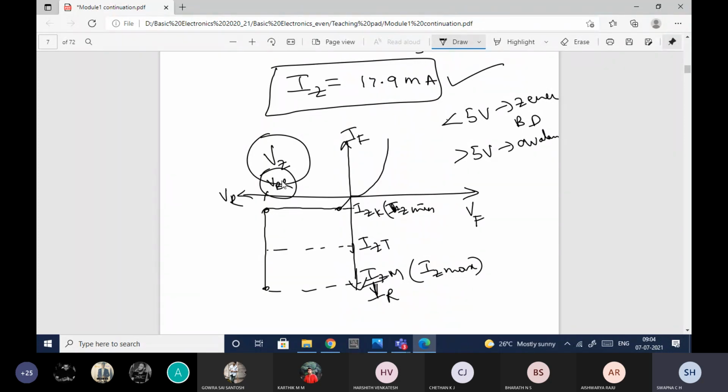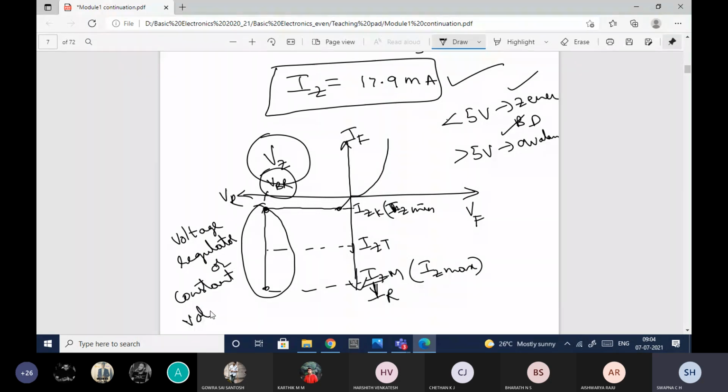Some breakdown will happen, either this or this, whichever it might be, and because of that the voltage across the Zener diode will be constant, but the current through it will increase. Since the current is increasing while maintaining constant voltage, the Zener diode can be used as a voltage regulator, or a constant voltage source.